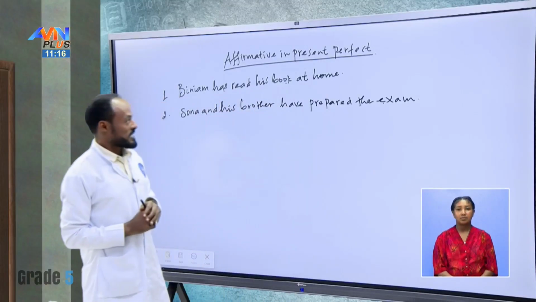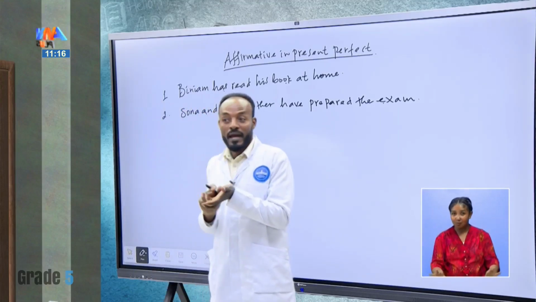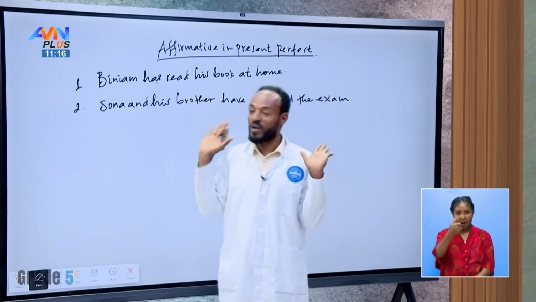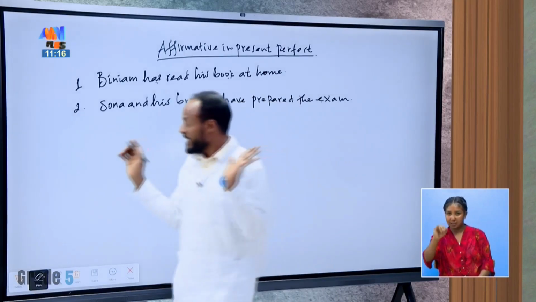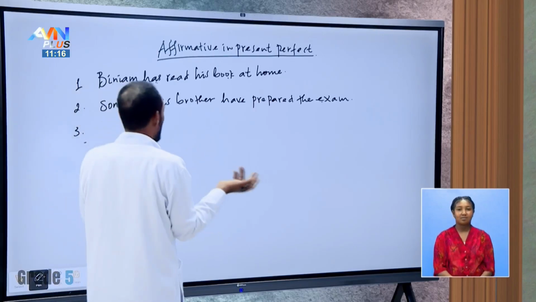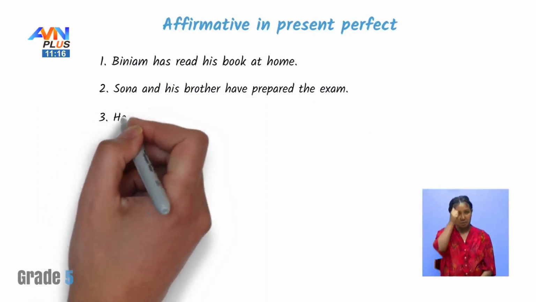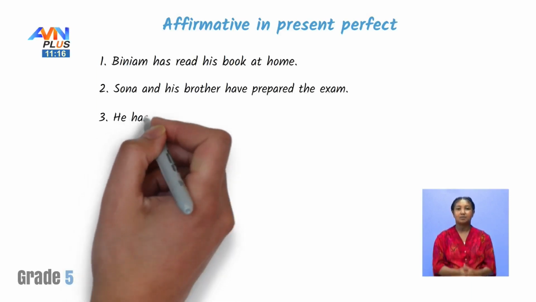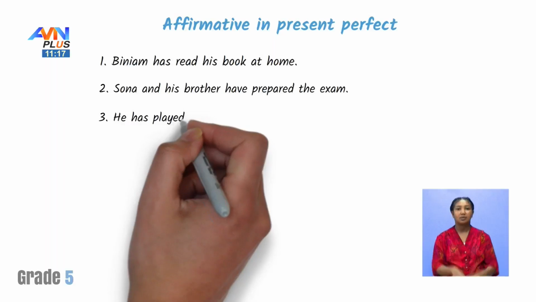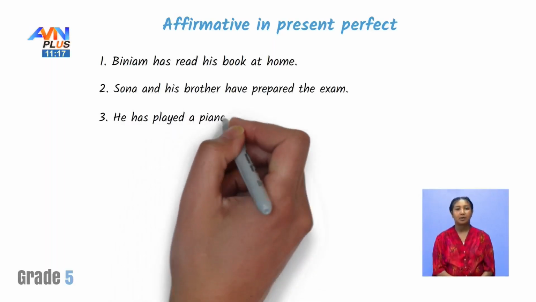Come on, students. I hope you can understand the form of affirmative or positive sentence from the given structure. Maybe we can give another example using third person singular: he has played a piano.